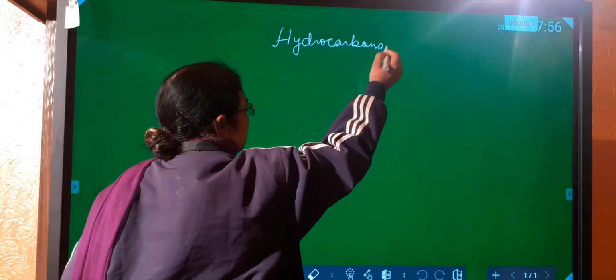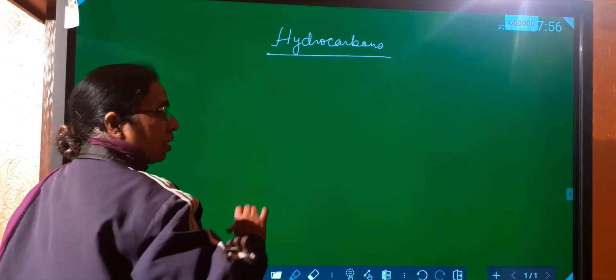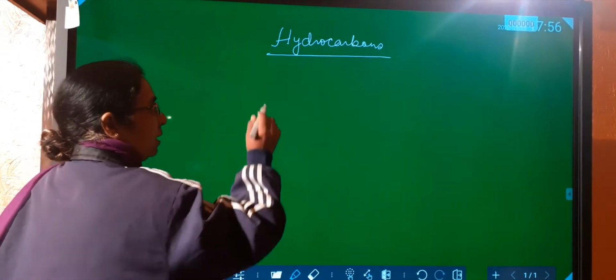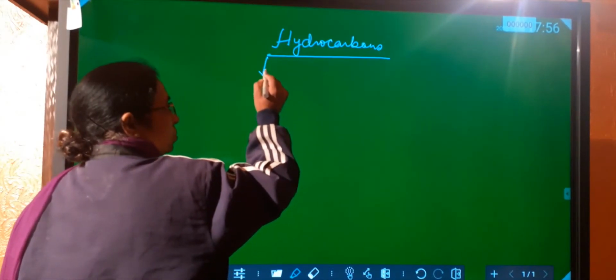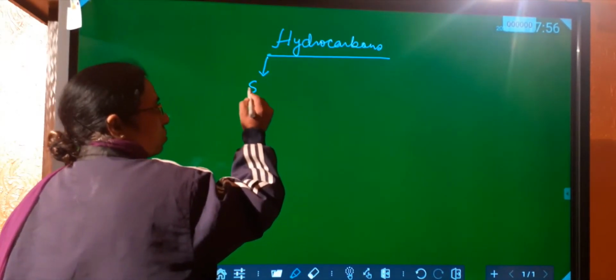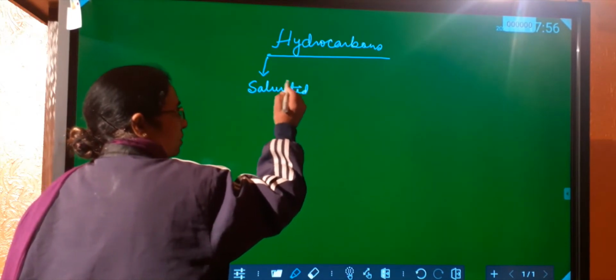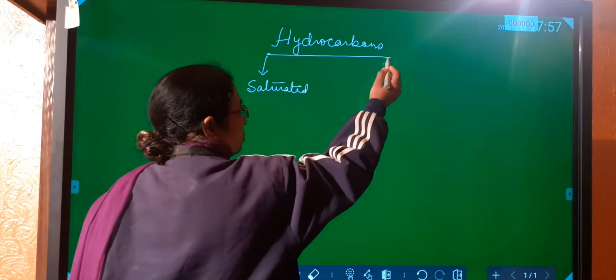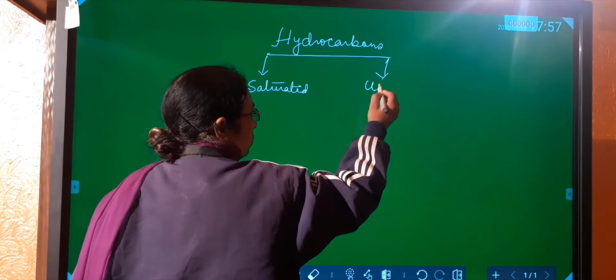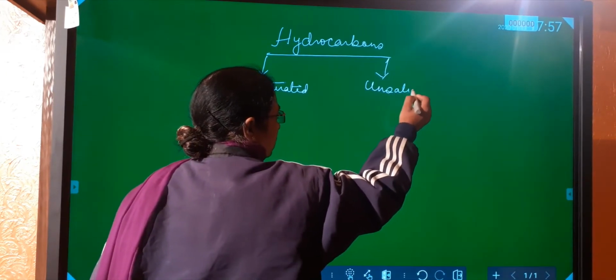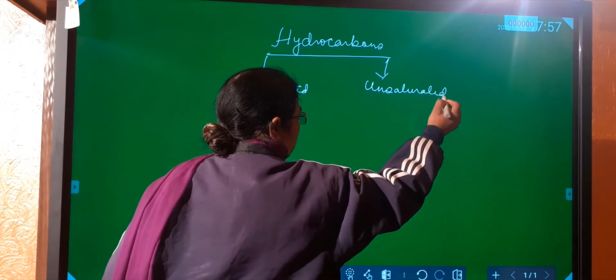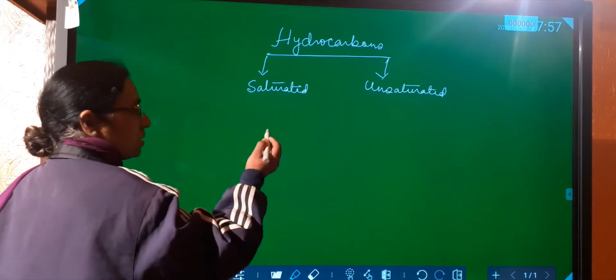We had seen this, and these hydrocarbons we could divide into two classes. One is known as saturated. All this we have done in the previous video. The other one is known as unsaturated.